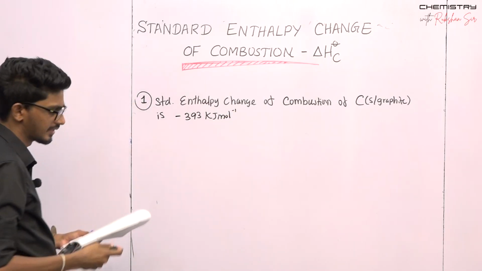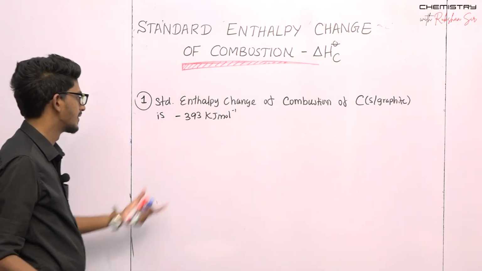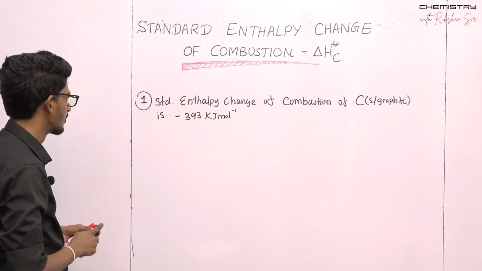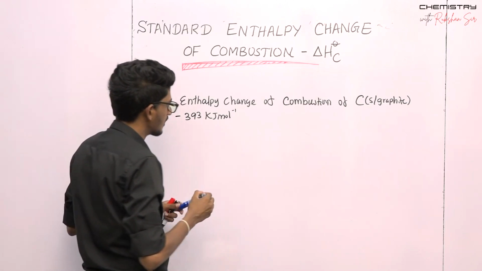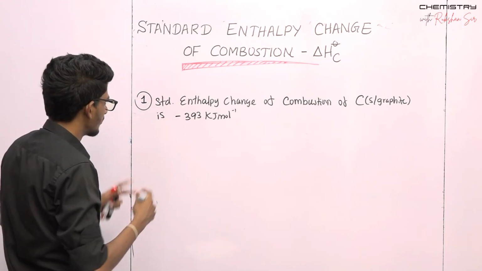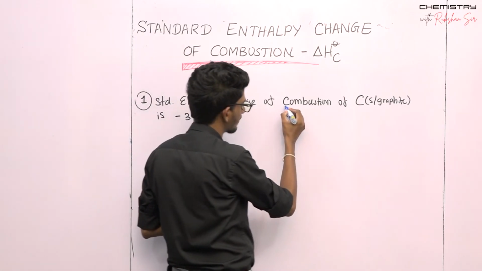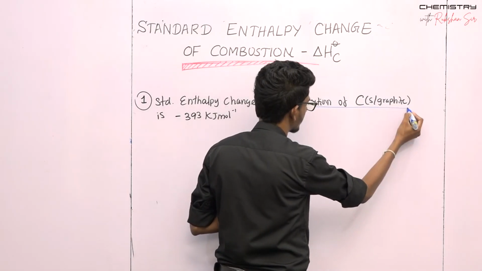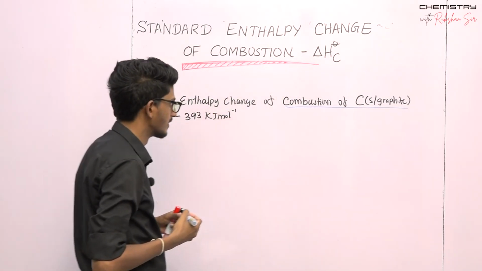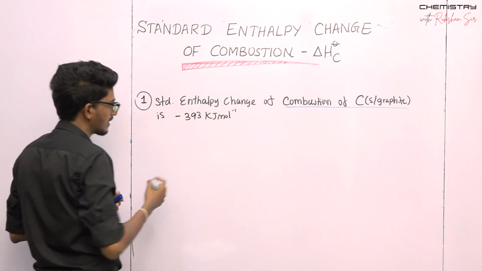So let's come up with the thermochemical reaction for this one. Where does the 1 mole stand? This is all about the combustion of carbon solid graphite, so 1 mole should stand there.